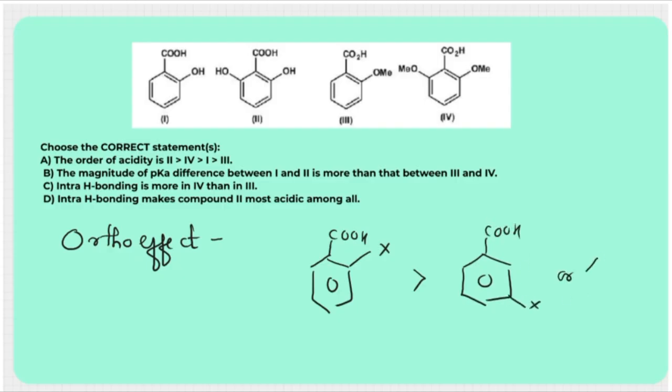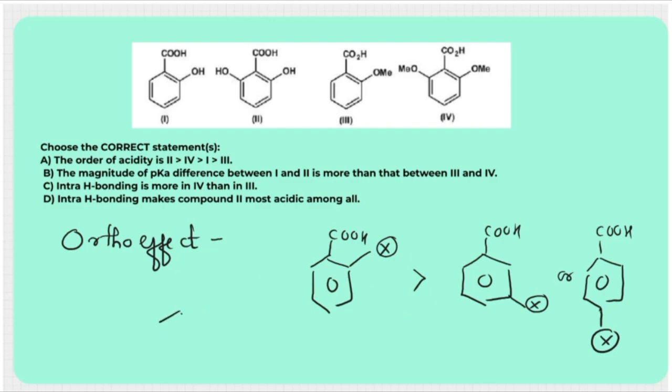It could be anything, either methyl, ethyl, or nitro, chloro. It doesn't matter. X could be any group, but the ortho will always be more acidic than the meta or para, or even more than the simple benzoic acid.